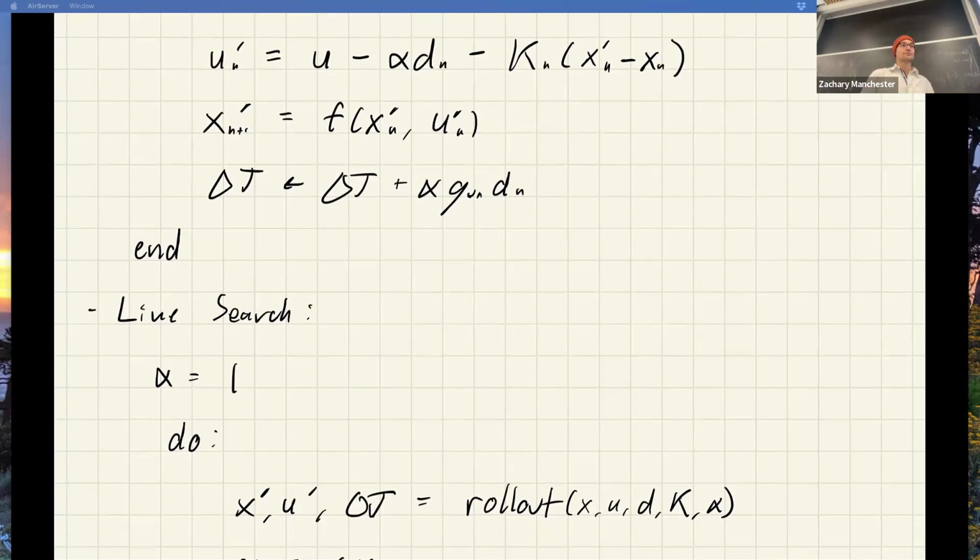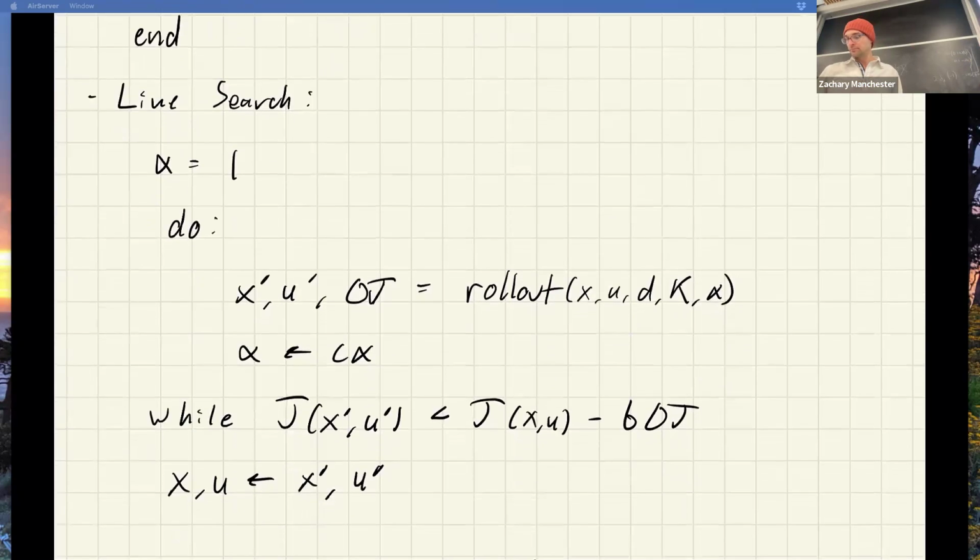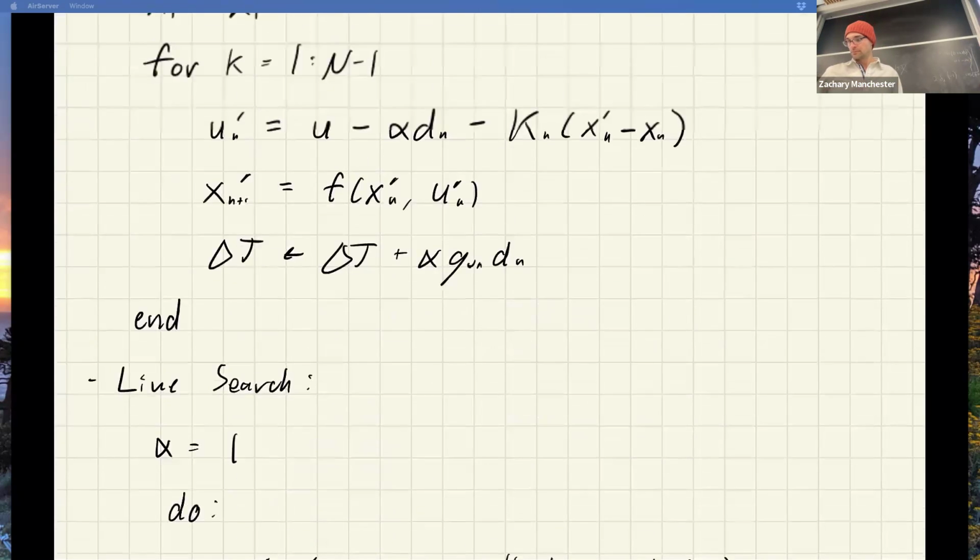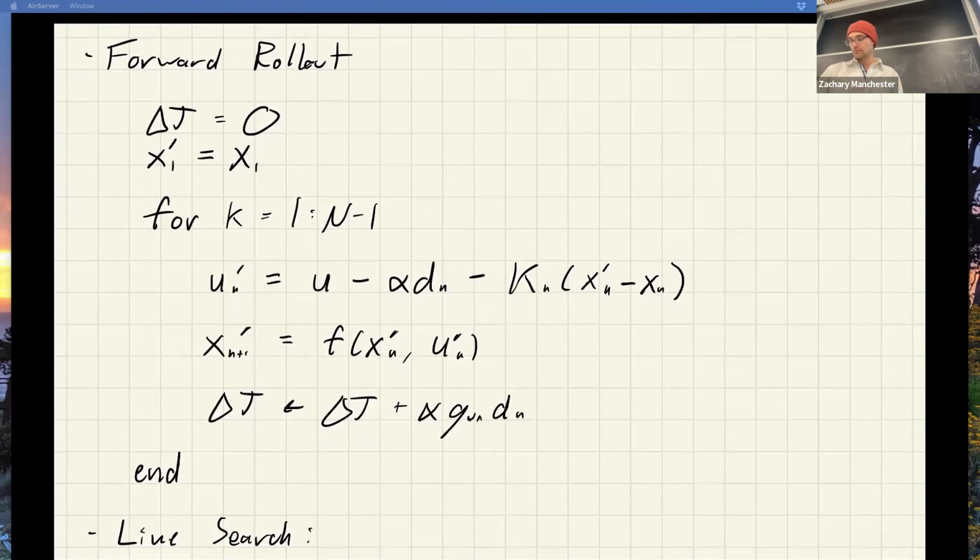Yeah. I guess if I'm looking back through this, where we're doing the forward rollout, we have this for loop happening where we calculate these u primes and x primes based on that singular value of alpha. We start at alpha 1, which is the full step, right? That's the full Newton step. So do we go back through that if our line search says that step was too big? Yeah, exactly.